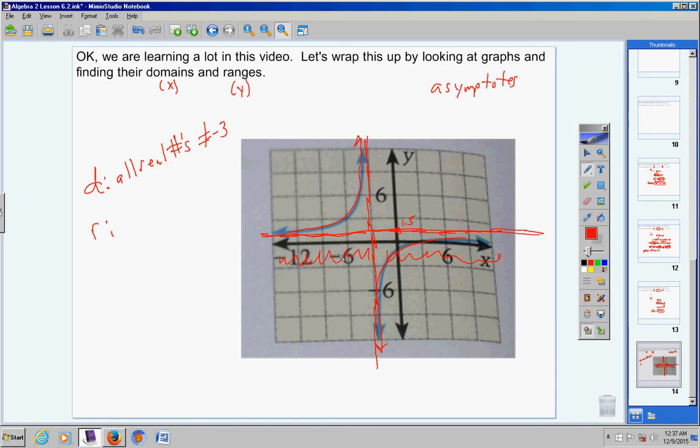So, the graph is going to continue to go up and down everywhere, except where on the y-axis, 1.5. So I'm going to say all real numbers except 1.5. And there we go. Alright.